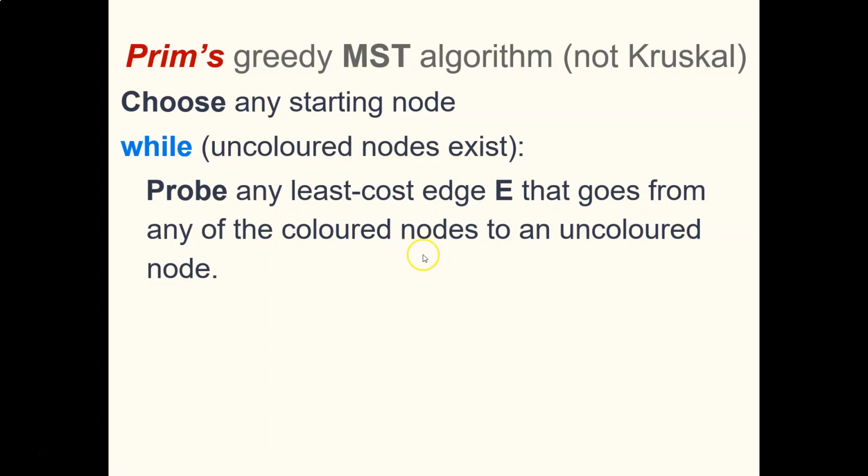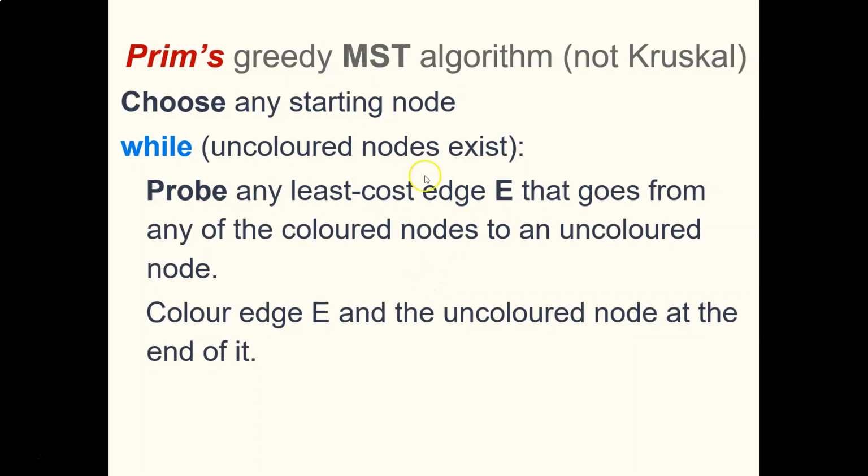The colored nodes so far, at the beginning, are only one node, but eventually we have more colored nodes. So you check all the edges that go out of the colored nodes to uncolored nodes, and you choose the least cost edge, E.